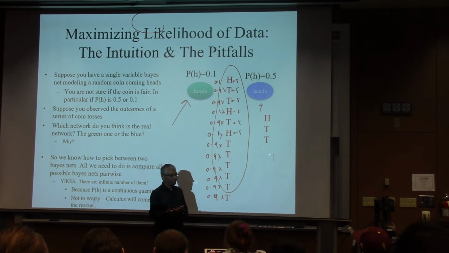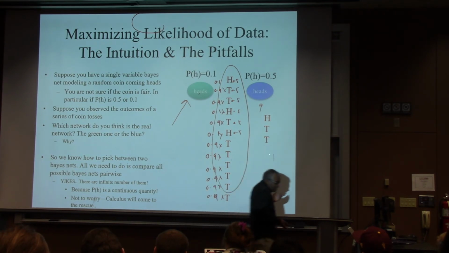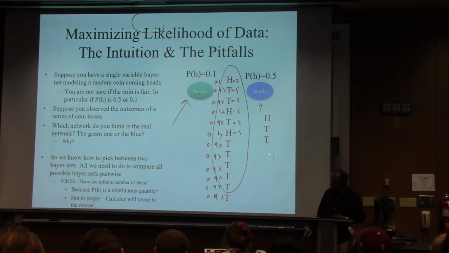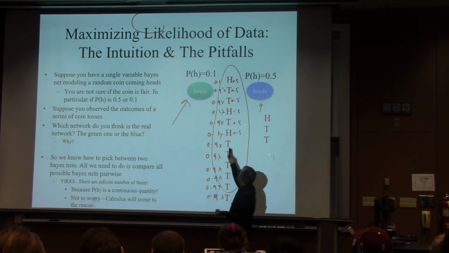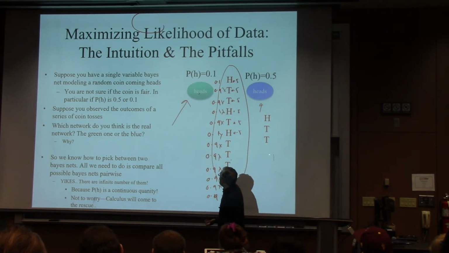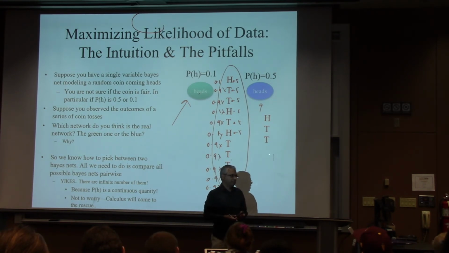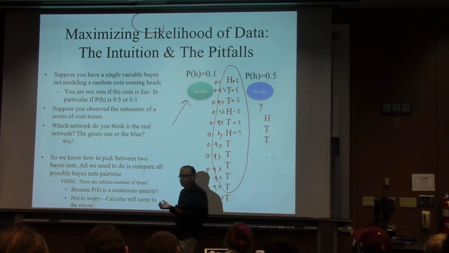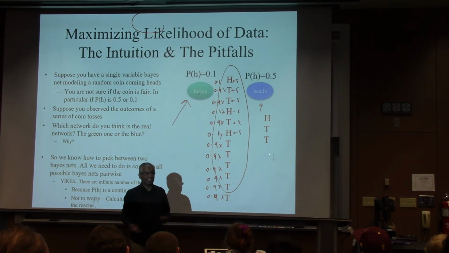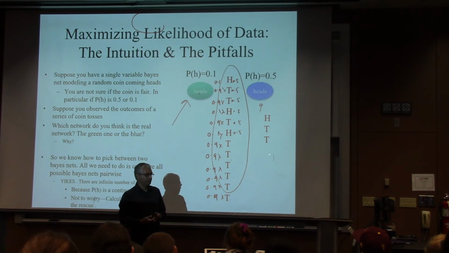That's what you will do. In general, most of these likelihood-based approaches will say that this data is more likely to have been produced by a biased coin than by an unbiased coin. That's basically maximum likelihood estimation.